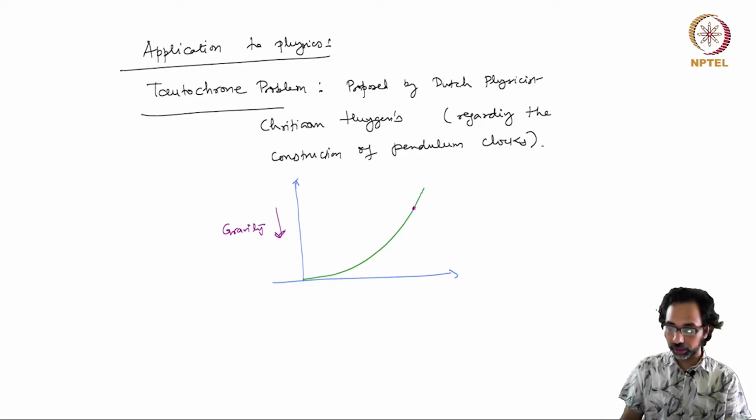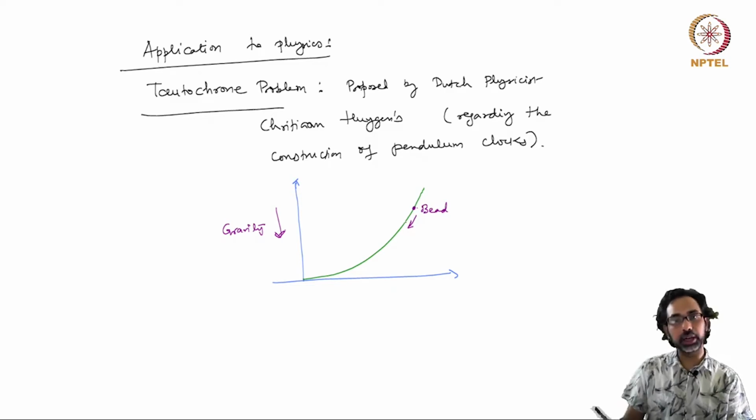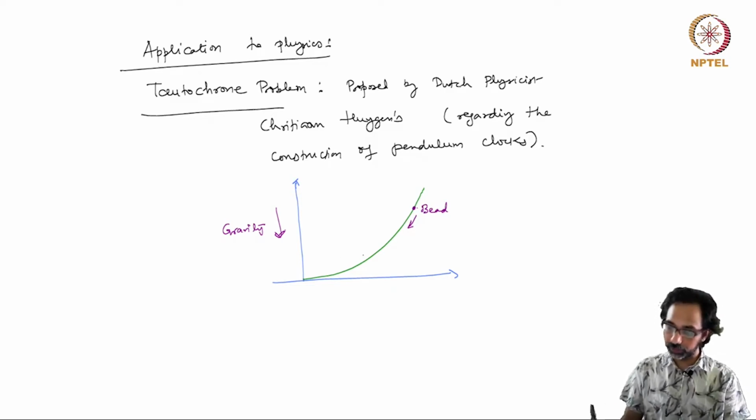So if you release a bead, it will slide down this wire and reach the origin, taking some time depending on the height.